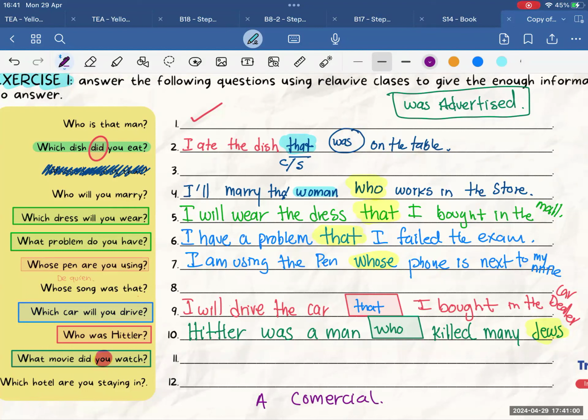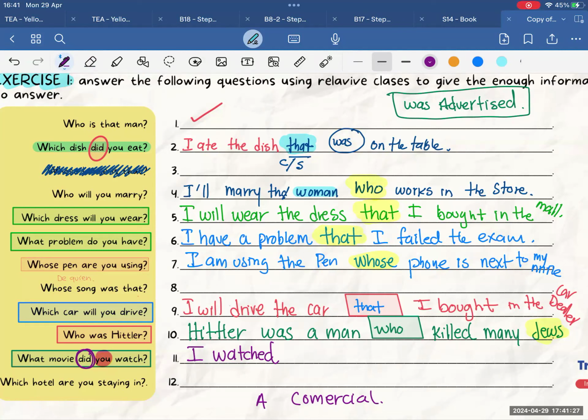I will watch. No, but it's in past, I'm sorry. So I in past. Like this. What movie did you watch? I watched, and then like that.